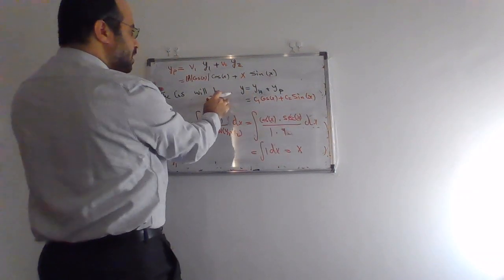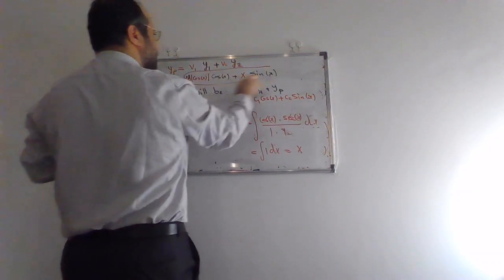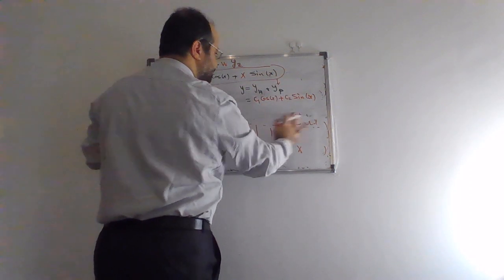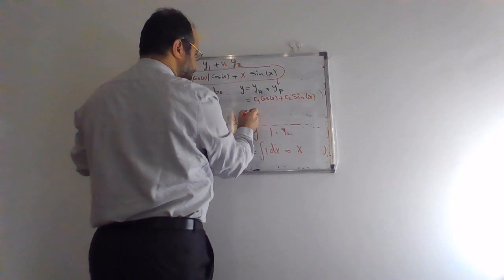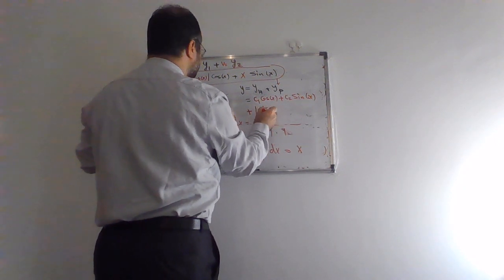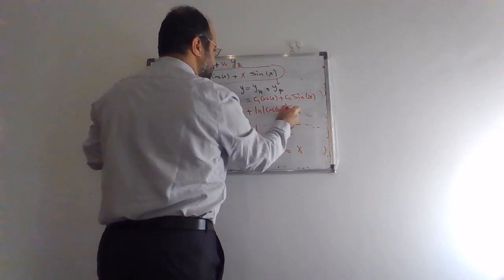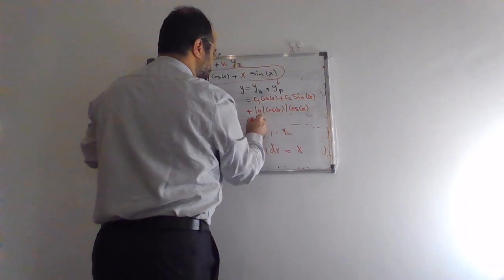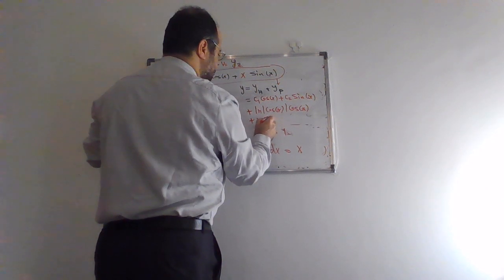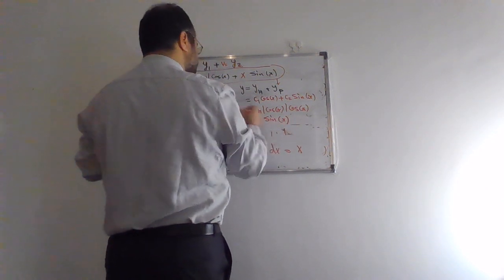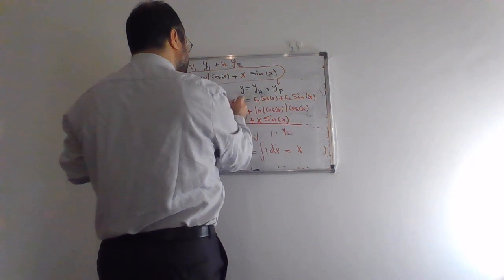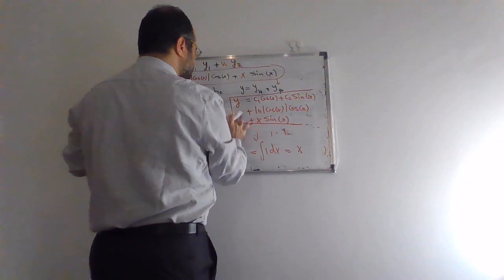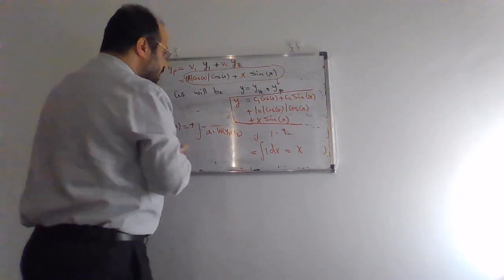Plus you add the y particular, so all that goes here: plus ln absolute value of cosine x times cosine x, and then plus x sine x. So this is the final solution, the general solution for our differential equation.